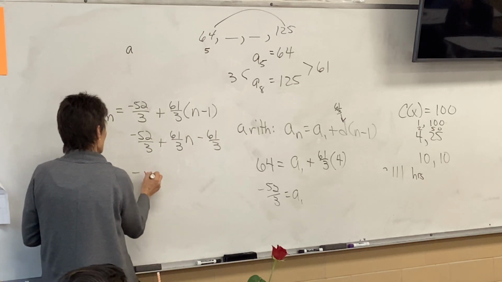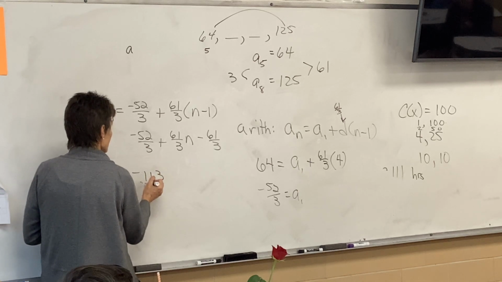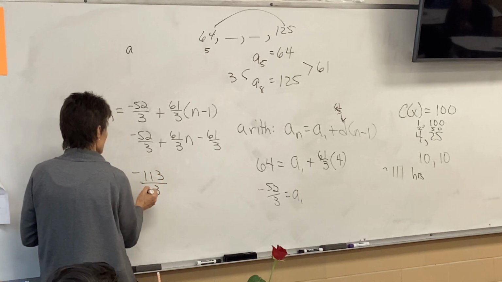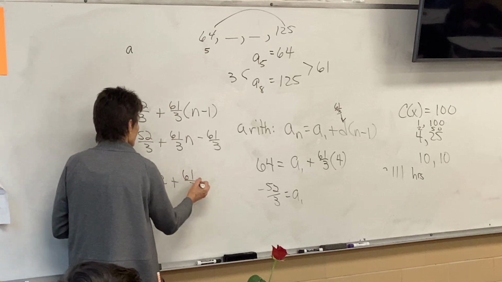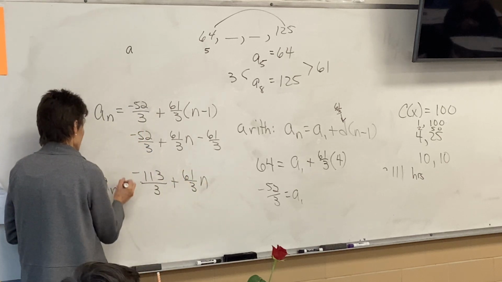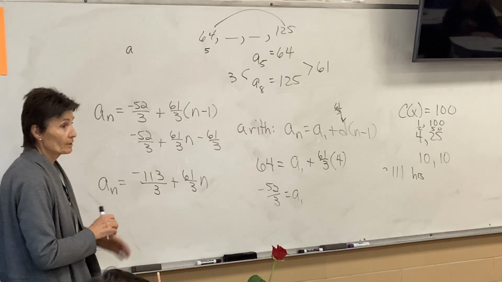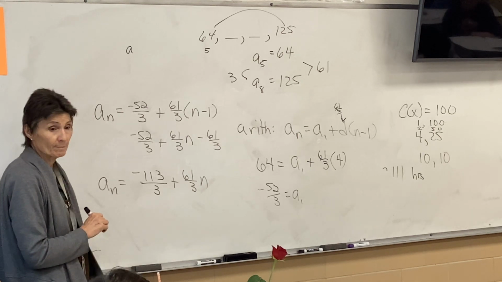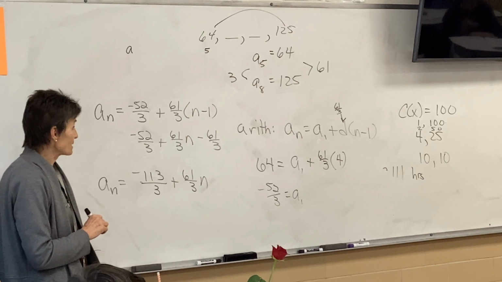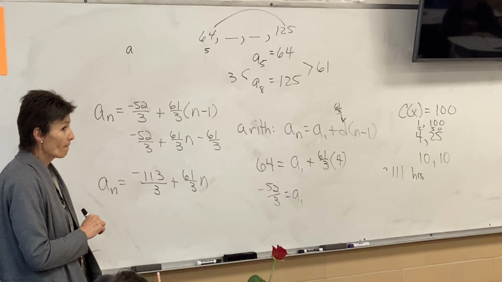Negative 113/3 plus 61/3 n. Clearly not a rigged problem, right? But that's okay, we have a calculator. Everybody okay with that?